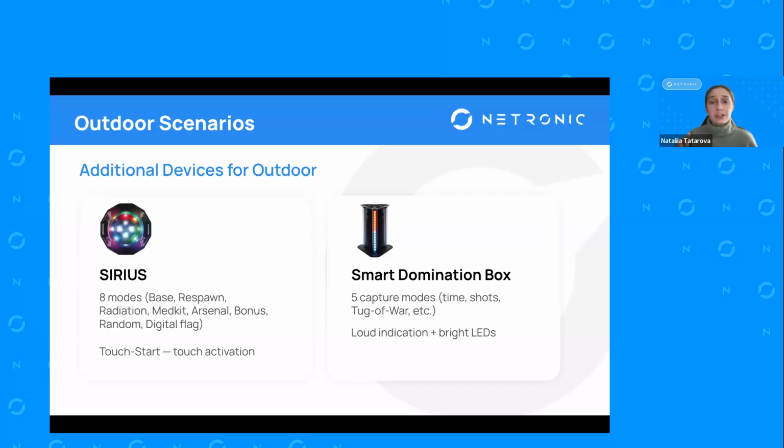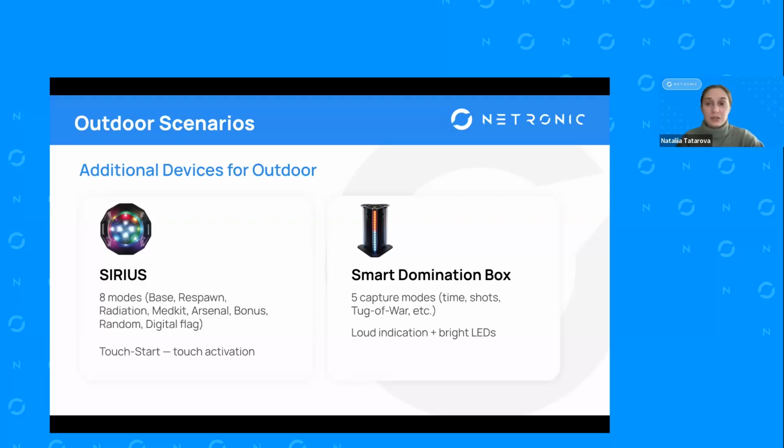But we usually recommend having at least three. So you can have 2 of those bases, and the third one can be an extra device that you put in the middle of the playground and it will act differently. For example, it can give you radiation, so it can take your lives away. It can be, for example, ammunition.